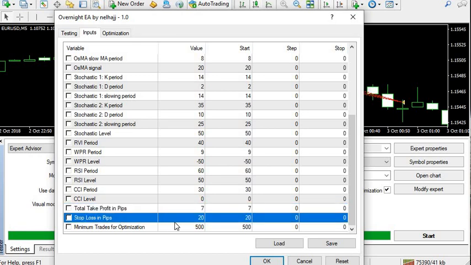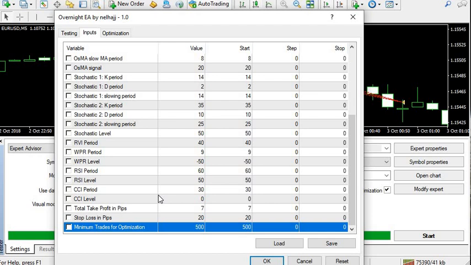Stop loss in pips, it's different than the take profit. It's actually assigned individually to each trade. So if we have here 20 pips stop loss, each trade has a 20 pips stop loss assigned to it. The final setting here, the minimum trades for optimization, it's a setting only used during optimization and has no effect on trading.